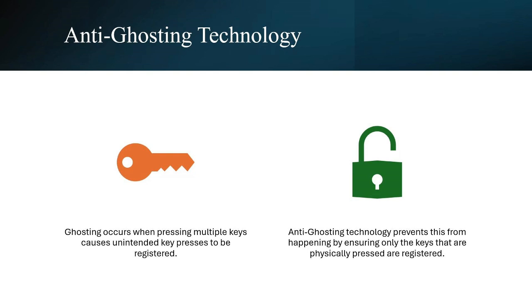Optimized firmware: the keyboard software filters out phantom signals to maintain accuracy. Specialized matrix layout: keyboards, particularly those designed for gaming, often prioritize areas like the WASD zone to handle multiple simultaneous inputs without errors. This solution ensures reliable performance, especially in scenarios requiring fast or complex key combinations.